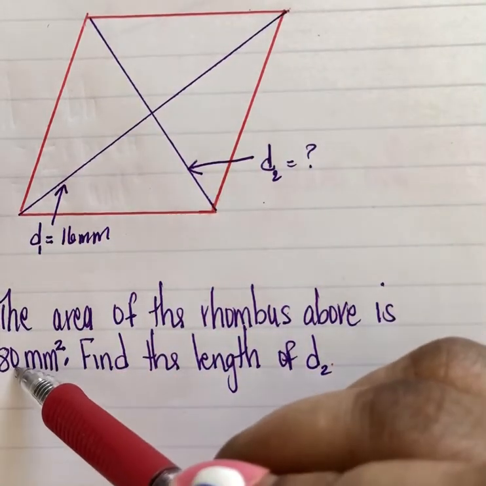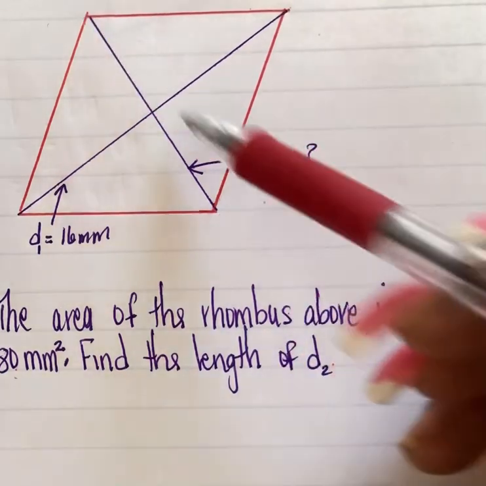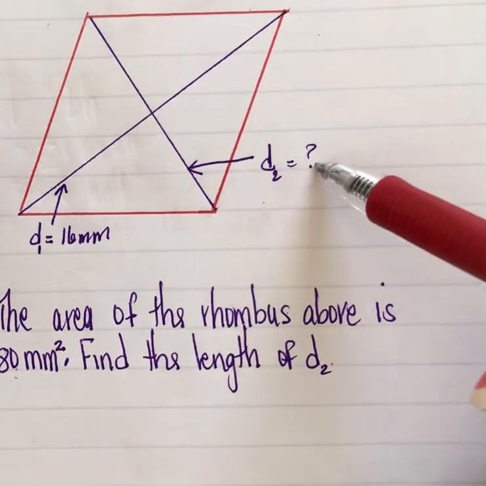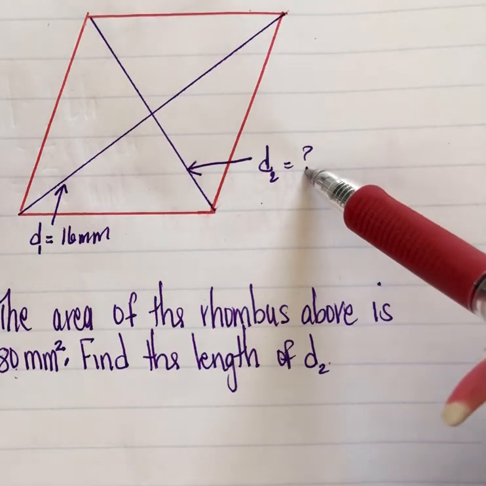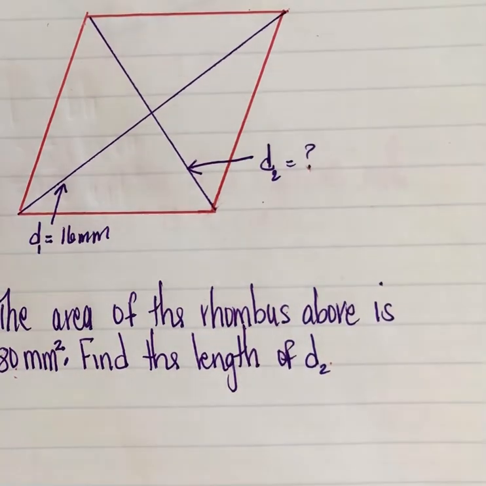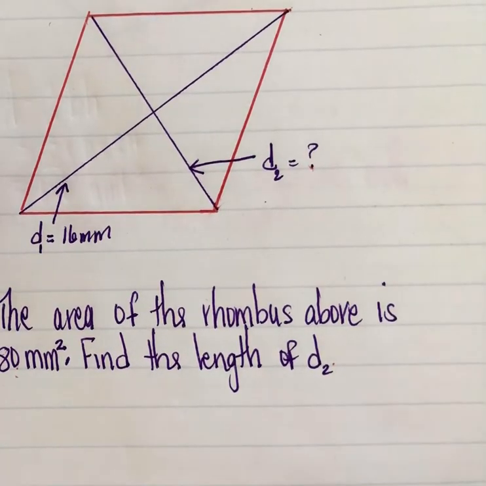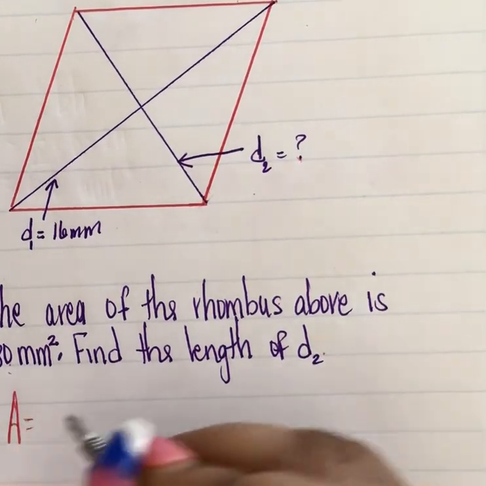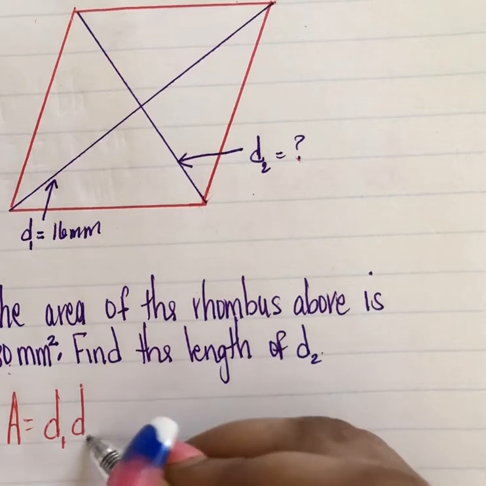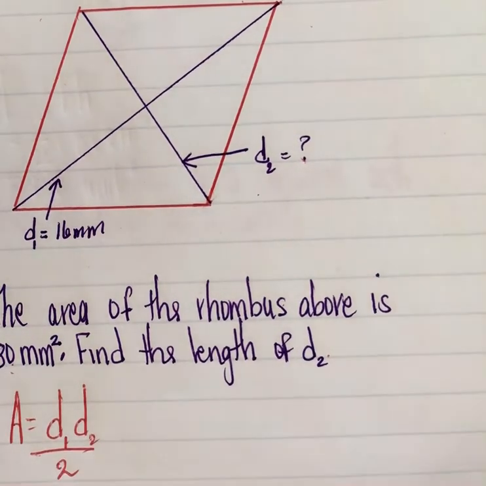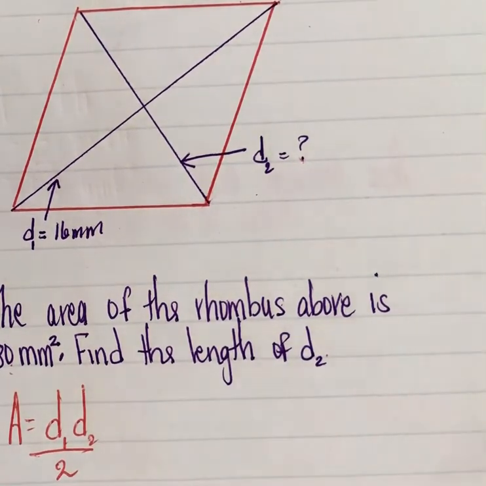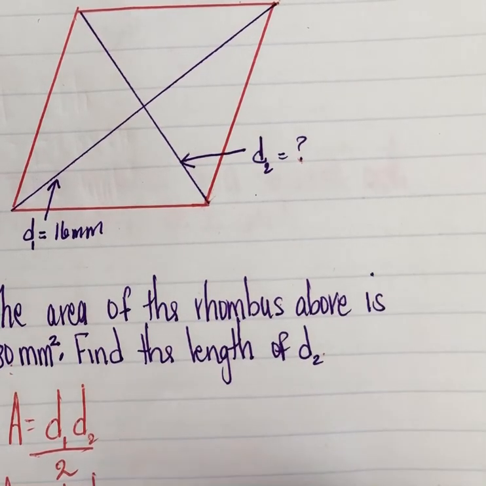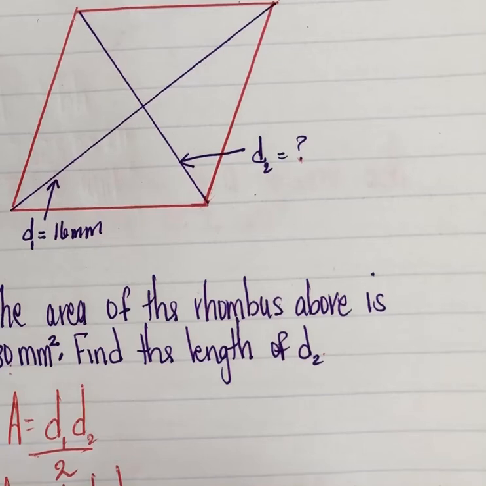We know what the area is, but we do not know what the other diagonal is. That is our unknown. But let us look at the formula that is used to find the area of a rhombus. We may use diagonal 1 multiplied by diagonal 2 over 2, or we may say half of diagonal 1 multiplied by diagonal 2.